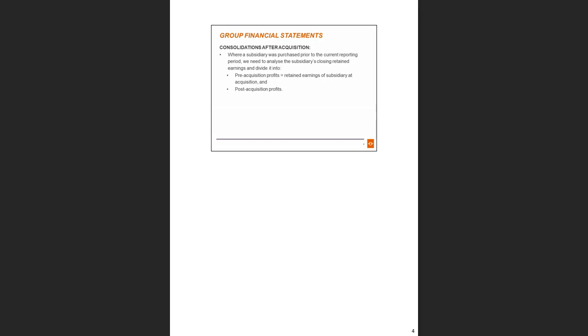So what is pre-acquisition profits? This is basically the retained earnings of the subsidiary at acquisition. The pre-acquisition profits are what is eliminated when we do our pro forma journal entries.